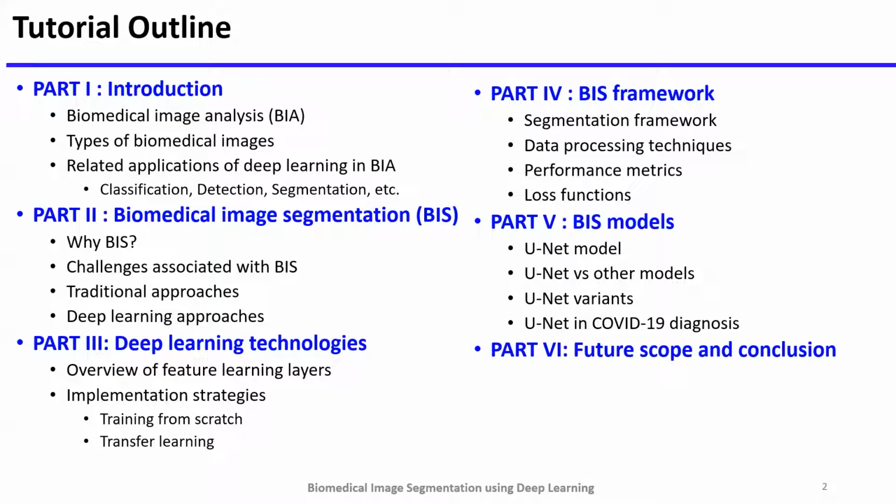The last part of the tutorial has UNet models and their comparison with other models, along with coverage of UNet variants, as well as certain case studies, for example a specific case study of COVID-19 and some other biomedical image analysis. Lastly, we have concluded this tutorial with some future directions.